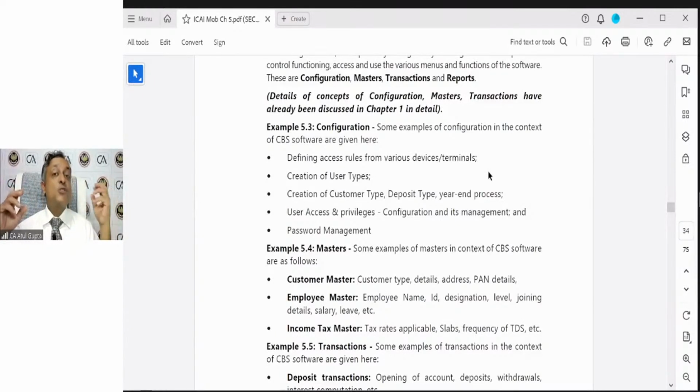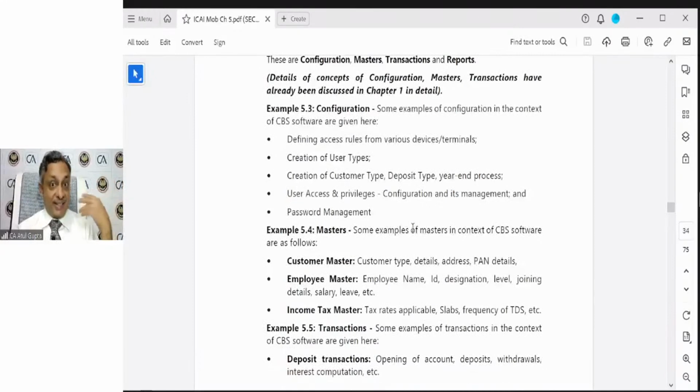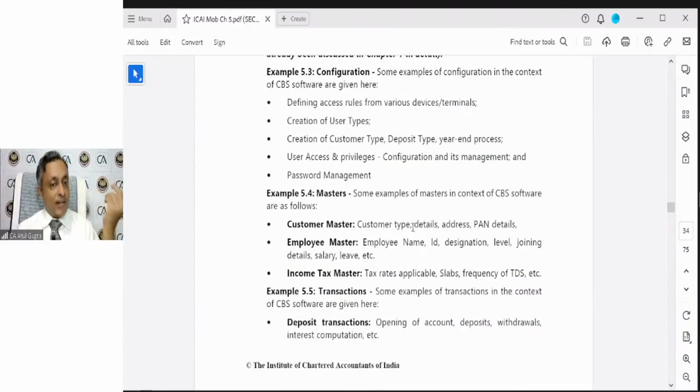The example we took was a small bank that cannot do infrastructure financing, so that becomes part of configuration. Creation of customer types, as a small bank will not have an infrastructure borrower. Just keep a tag; you can always link the discussion. Then deposit type, year-end process, user accesses, password management.